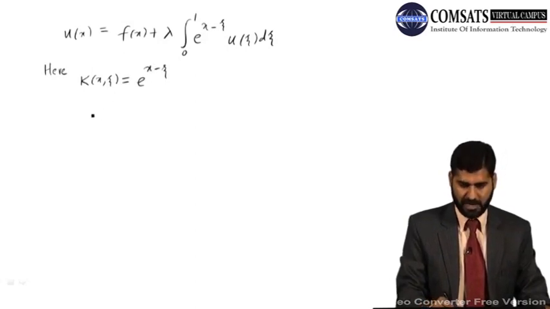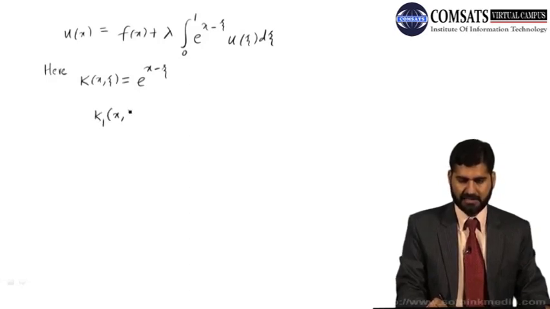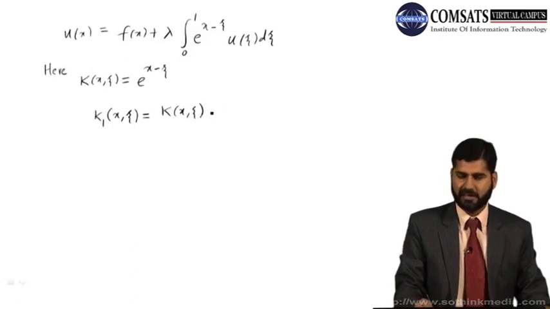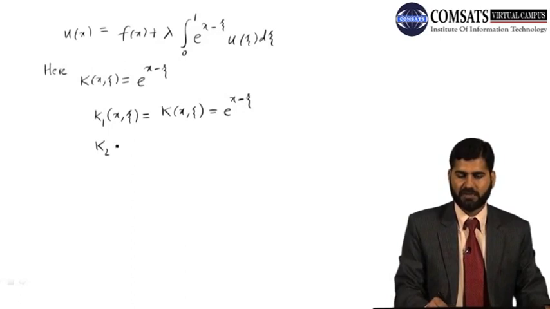So what is K1? We have to find that resolvent kernel. So K1 of x xi is equal to K. The first one is the given one, K, which is e to the x minus xi. Here we are starting. So K2 comes from K1, right?